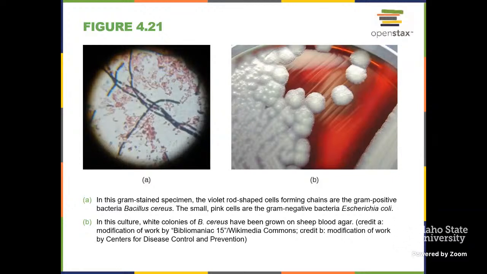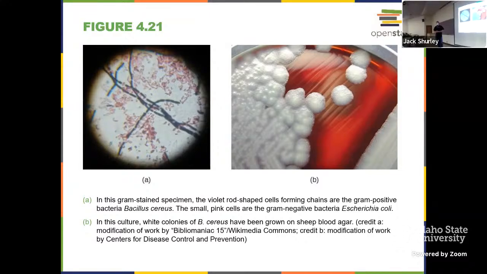And one of them that I think is awesome to work with, especially the first go around with trying to stain stuff, are some of these guys, some of the bacillus. So we'll talk a little bit about how it looks on there in just one second.